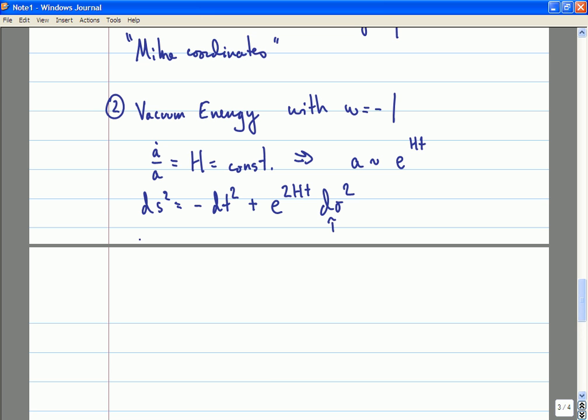And so, for example, the metric minus dt squared plus e to the 2 ht times the metric on flat, three-dimensional space, is in fact the metric that we have also encountered before in this class. It is known as de Sitter space.